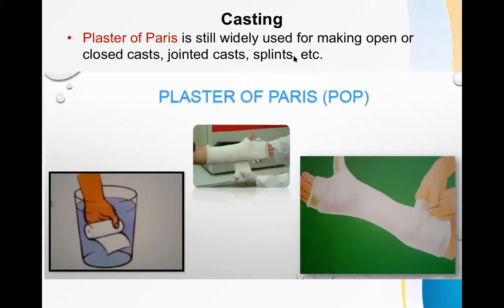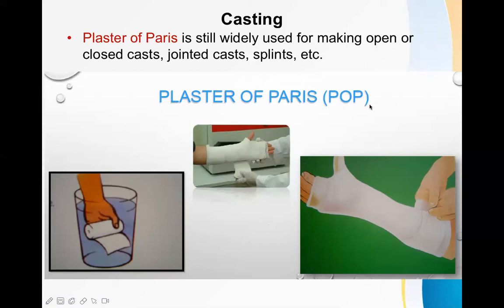Now, what else? Another important way of immobilizing a fracture is casting, with the help of a cast. And one of the important ways to make a cast is plaster of Paris, POP.